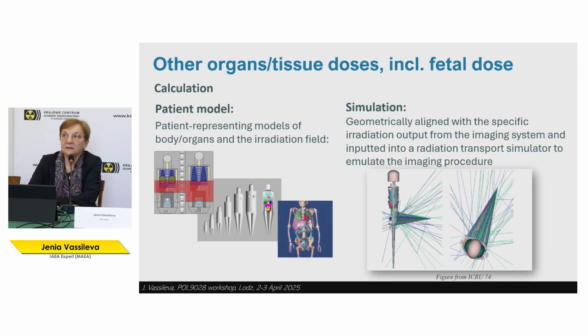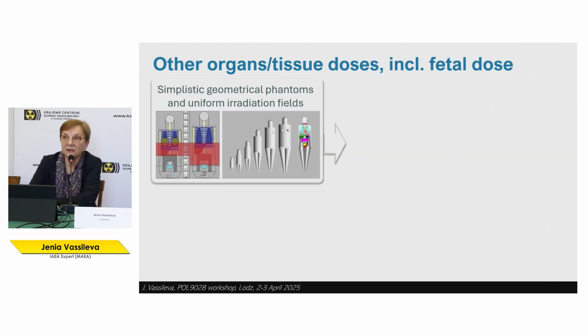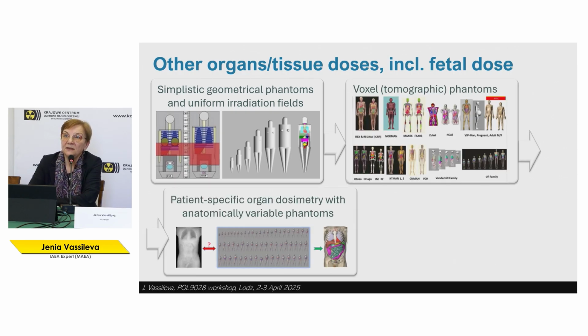So if needed, for example, for a pregnant patient, we can calculate fetal dose, or we can calculate all organ doses, and this is done with simulation-only calculation. There are also developments in this area, moving from geometric phantoms in the past to tomographic phantoms based on real patient images. Patient-specific, we can have a library of phantoms and choose the appropriate one for the individual patient that was examined.